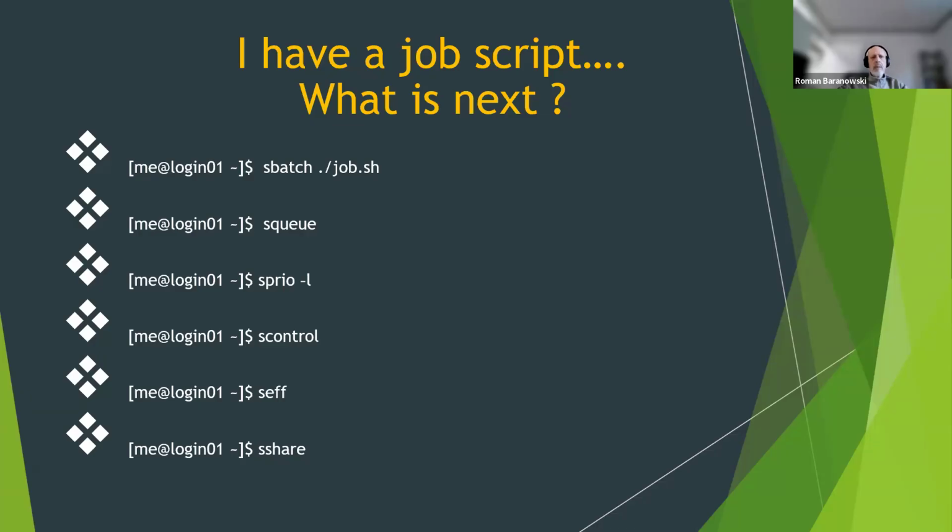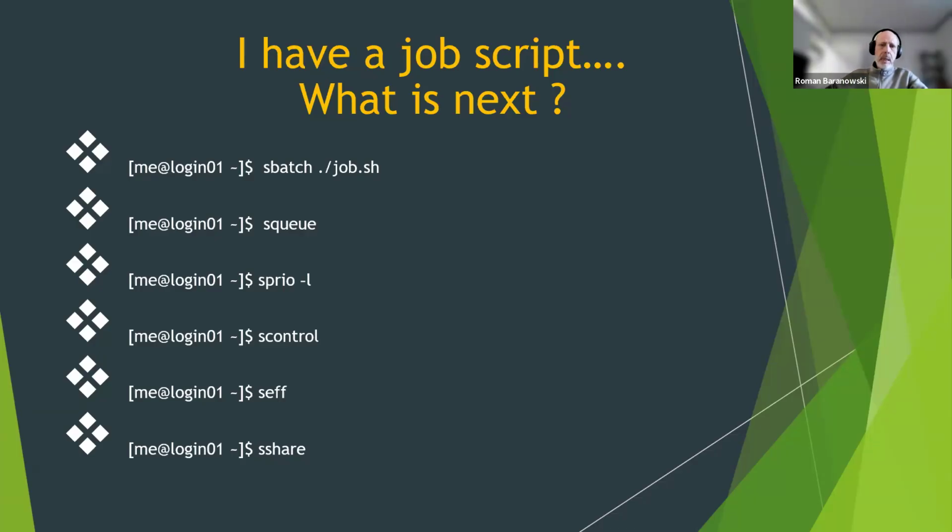If you would like to see the priority of your jobs, the command there is sprio, with different options. You can always look at your job using scontrol, or you can use the seff command for the jobs which are already finished to see how they were performing, what was the efficiency, how all the computations went through.